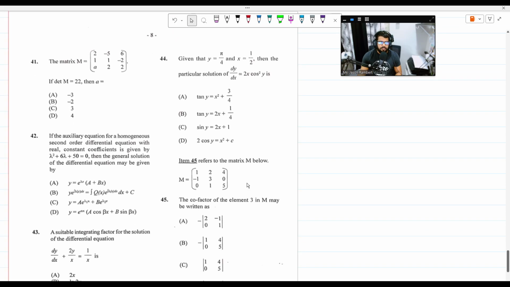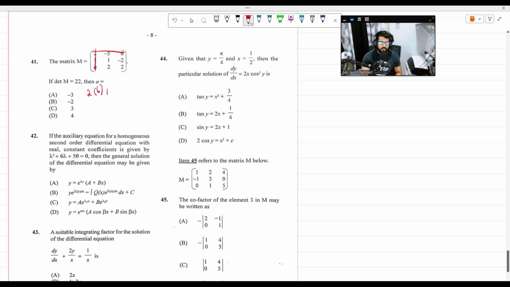If the determinant of M is equal to 22, then A is going to be... let me go ahead and calculate the determinant. It's going to be 2 multiplied by 1 by 2 is 2. Take away negative 4, so 2 plus 4 is 6.